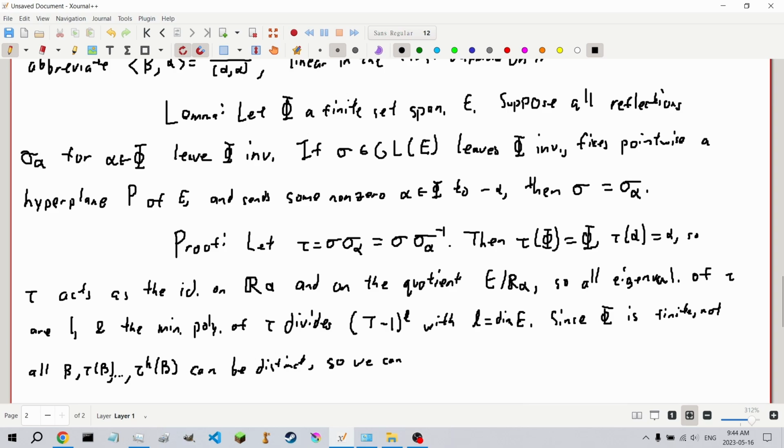So we can choose k such that we can choose some power of tau_alpha that fixes all beta in phi.